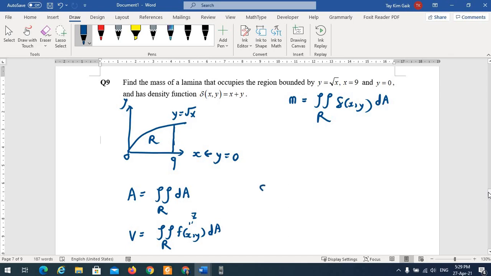And the surface area is given by the double integral of the square root of 1 plus zx squared plus zy squared, dA over region R.